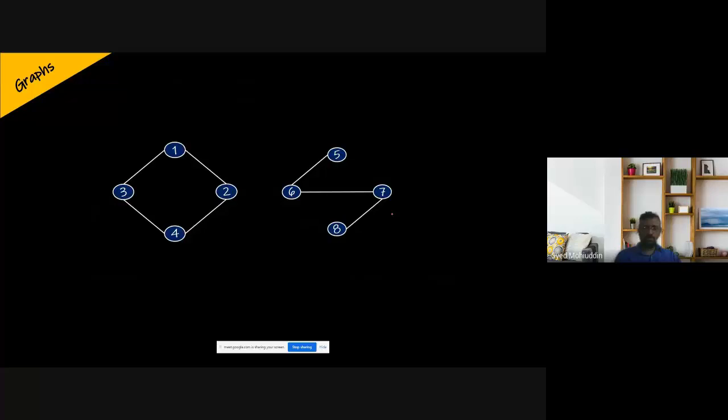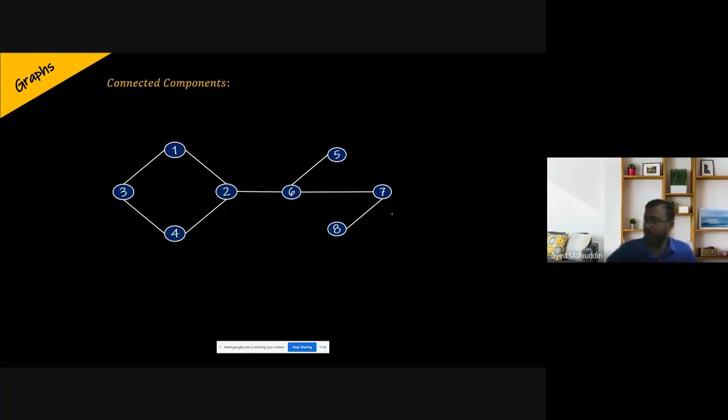Now, connected components. We talked about connected graphs. Now let us talk about connected components. Suppose there is an edge between 2 to 6, then this graph is a connected graph.